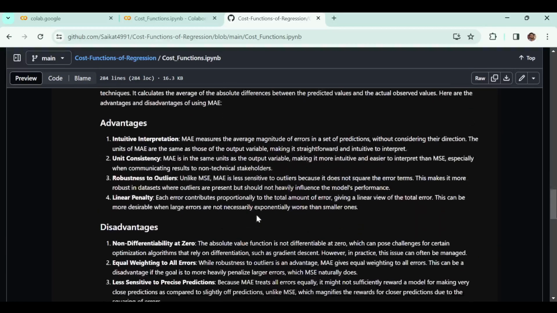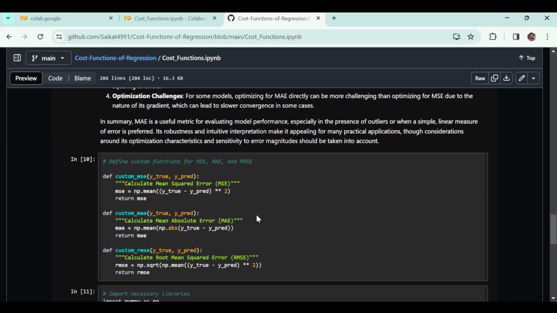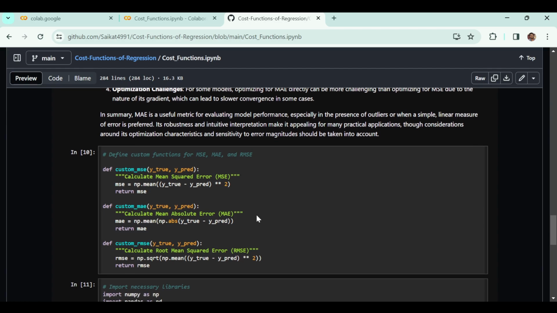Let's go to the coding part. First, we try to define a custom cost function, and after that we use the predefined cost functions in the sklearn library, and we compare them to see what the difference is between these two.